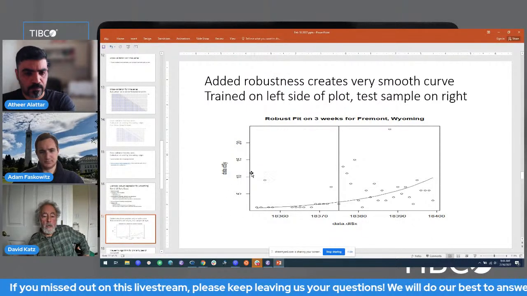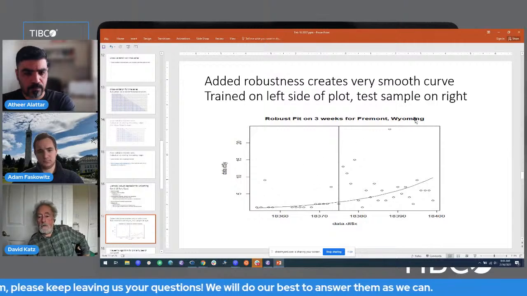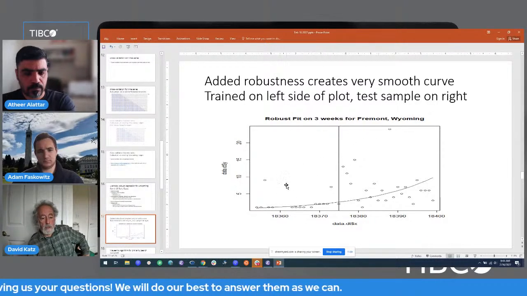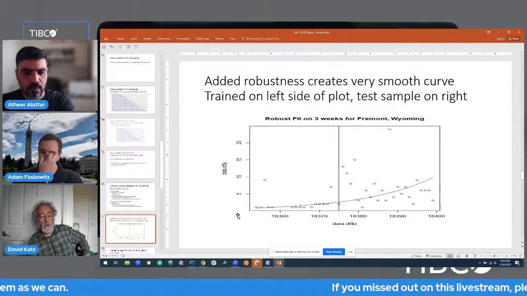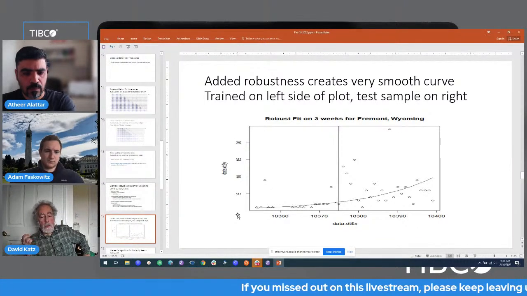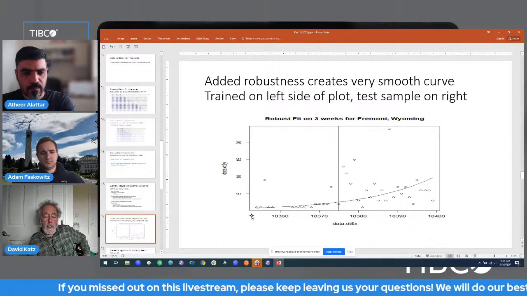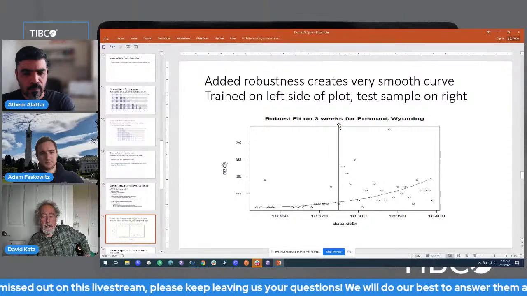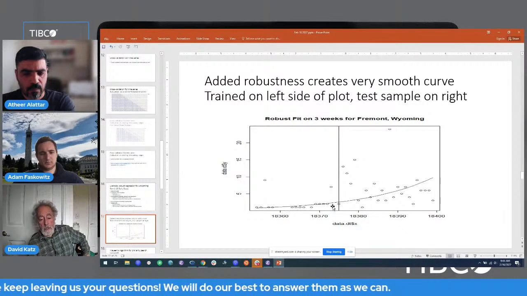So you see, here's the first half of this data set, which is just this small population, and you have counts per day, which as we know are very noisy. What we did is split the data that we had at the time and just build a model on it.